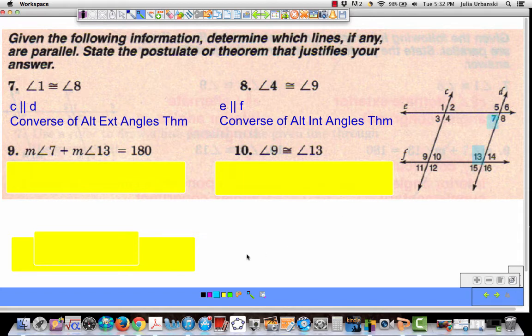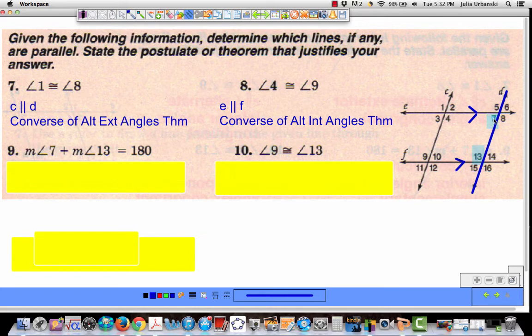Okay, first of all, the transversal that goes through them is line D. But which lines are parallel from this relationship? Well, the line that goes strictly through the 7 is line E right here. And what's the line that goes through the 13? That's this one, line F. So these are your two parallel lines right here, E and F.